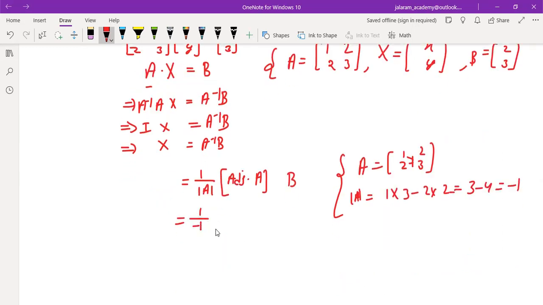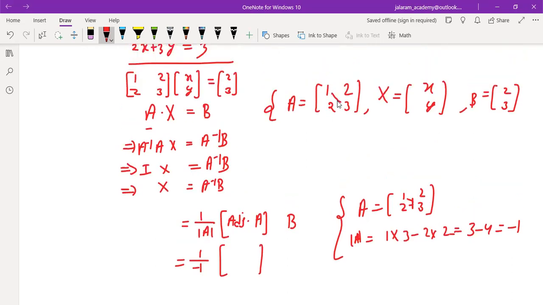So 1 upon minus 1 into adjoint of A. Adjoint of A is obtained by interchanging the elements of the principal diagonal, 1, 3 becomes 3, 1, and changing the sign of the second diagonal. Though both the elements are the same, we have to change their sign from plus to minus. Into B, and matrix B is the column matrix 2, 3.